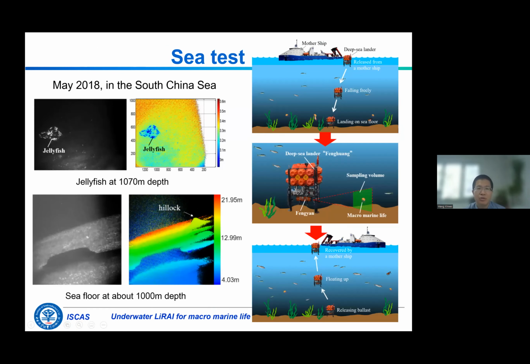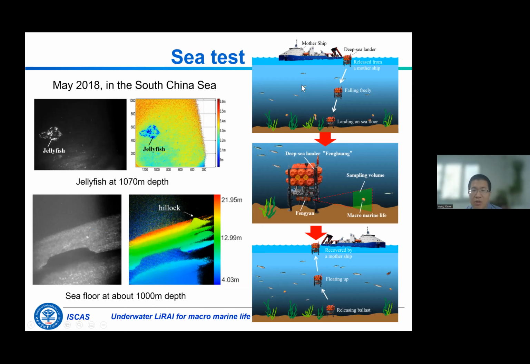We also performed sea tests in the South China Sea. Here shows a jellyfish at about 1,000 meters depth. This is the two-dimensional intensity image, and this is the depth map of the jellyfish. We also obtained the sea floor at about 1,000 meters depth.